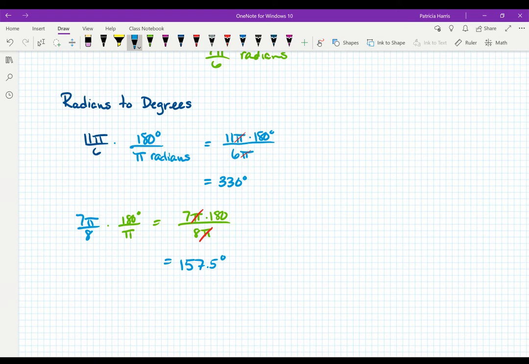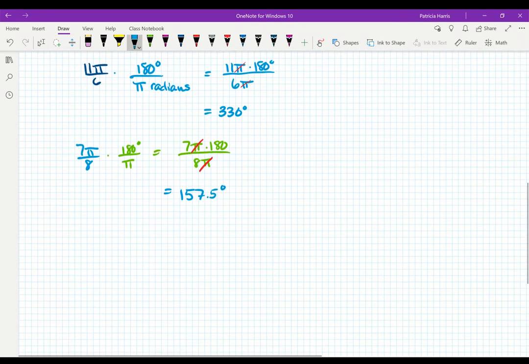It's based on the arc length of the unit circle, which means it's a radius 1 circle. There are going to be a couple of degree measures that you're going to want to know their equivalent in radians very quickly. You're going to want to know that 30 degrees is pi over 6, 45 degrees is pi over 4, 60 degrees is pi over 3, and things of that nature.